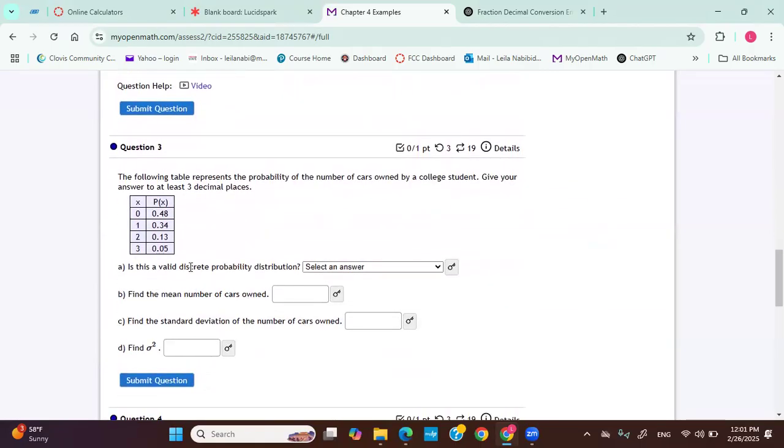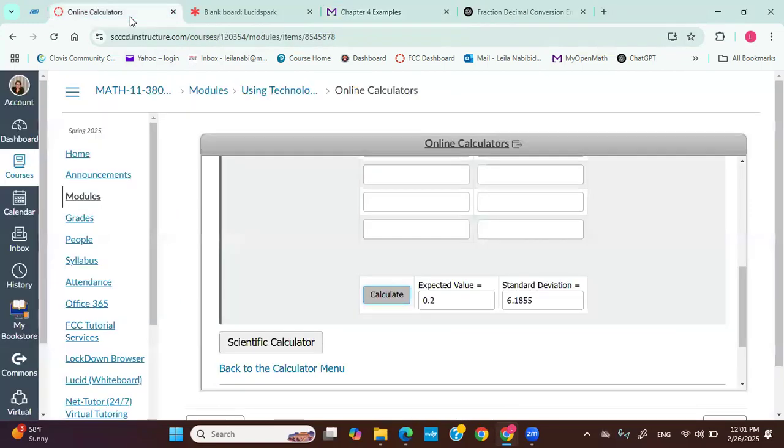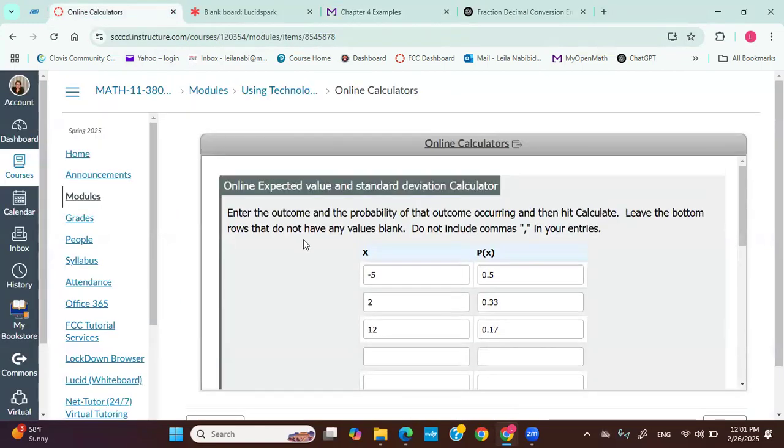But if you look at the next example, you see that you have a complete probability distribution. In this case, since we have decimal numbers for the probability distribution, and the decimals are not repeating, it's okay if we use the online calculator. So we can go back to this one and erase these values and type the new values.